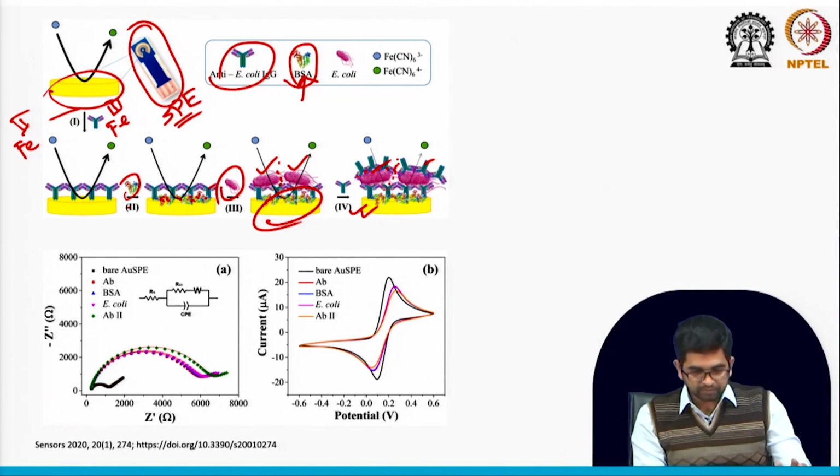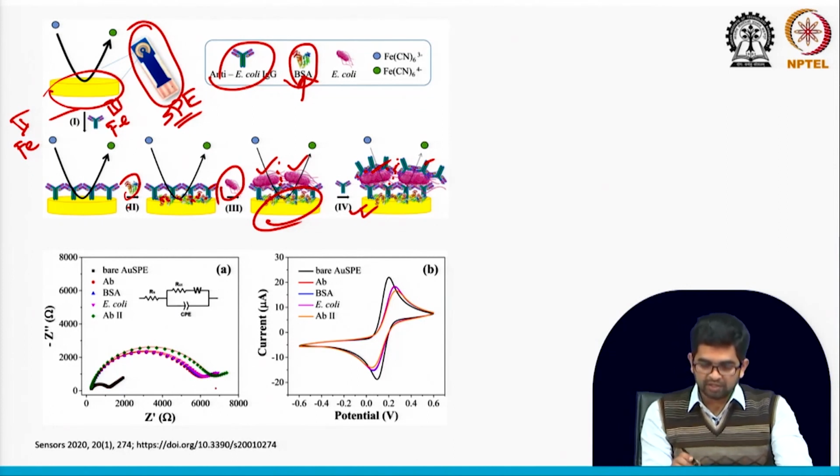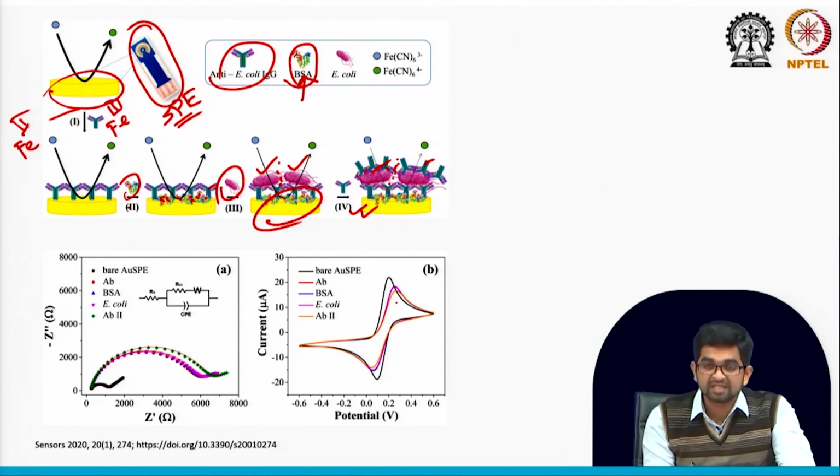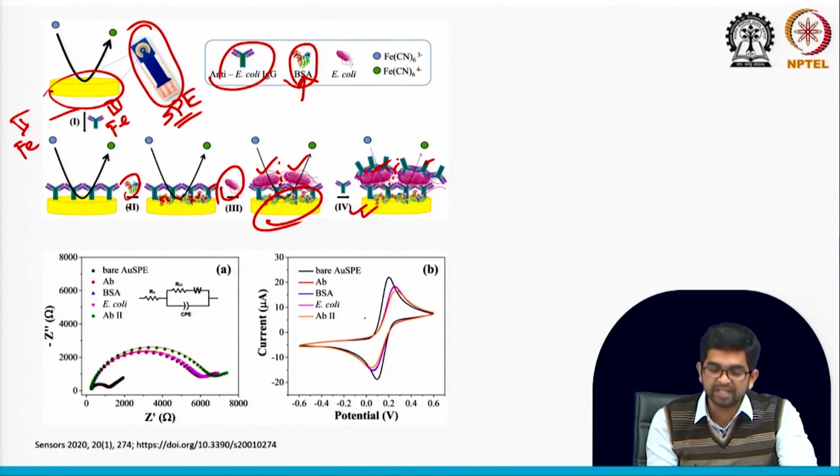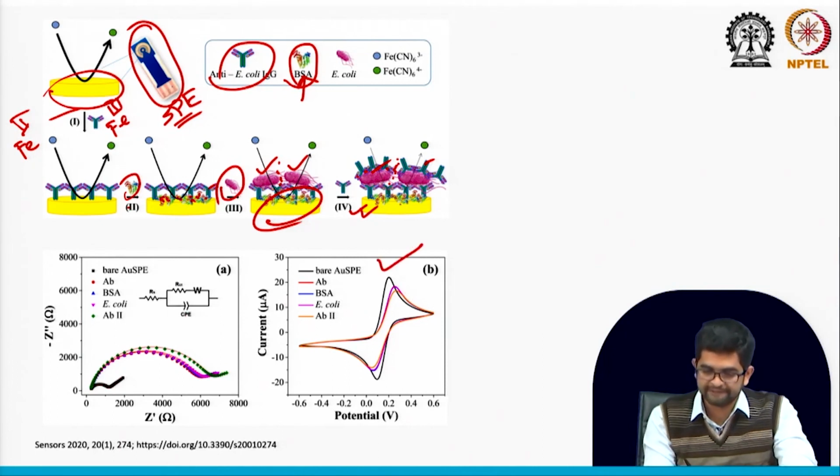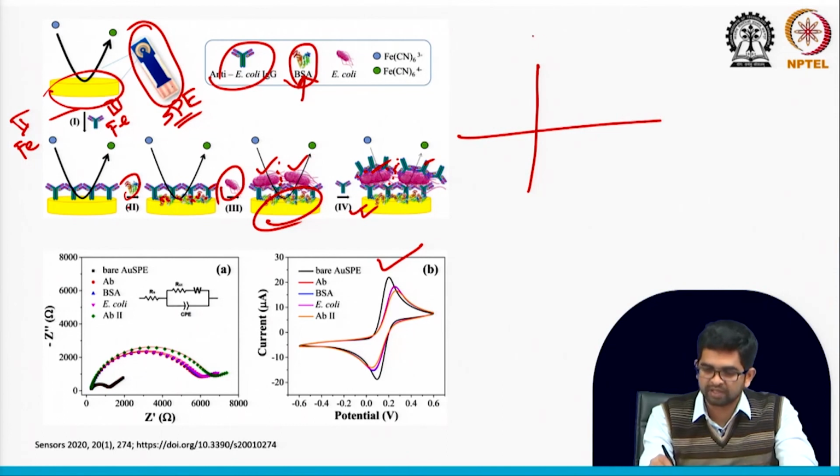Let me show you an example here. If you measure the cyclic voltammetry, you can easily correlate the cyclic voltammetry change with the impedance spectroscopy. As I told, they are blocking the sensor surface, so your impedance increases. Suppose you are measuring in potassium ferro-ferricyanide mixture, measuring cyclic voltammetry first.